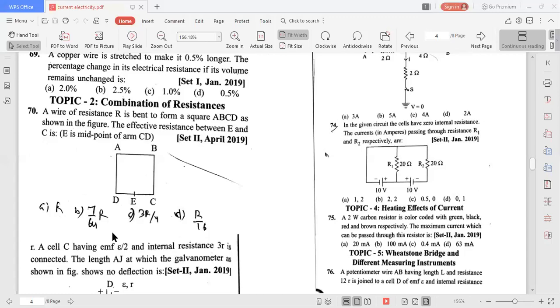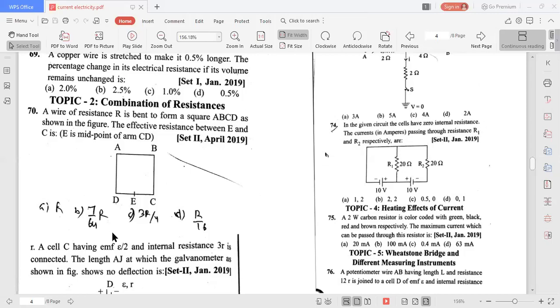So this resistance is 3R by 4 plus R by 8. When you simplify them, 8 is the LCM, and you will get 7R by 8. Say this is R1 and this is R2. R1 and R2 are in parallel. The effective resistance between E and C is R1 R2 by R1 plus R2.